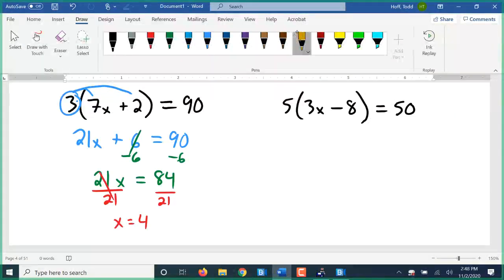So, again, there's nothing to do inside the parentheses, so we're going to multiply by the 5. 5 times 3x is 15x. Five times negative 8 is a negative 40.